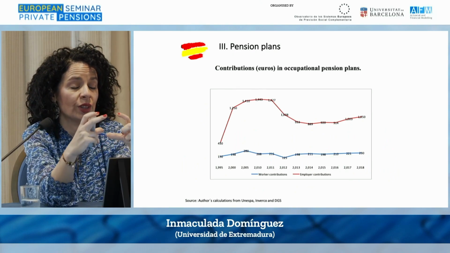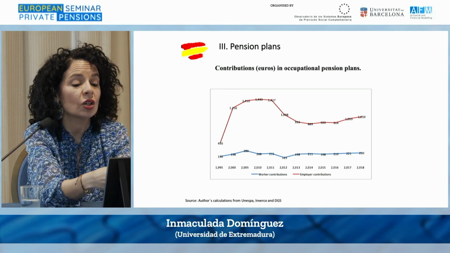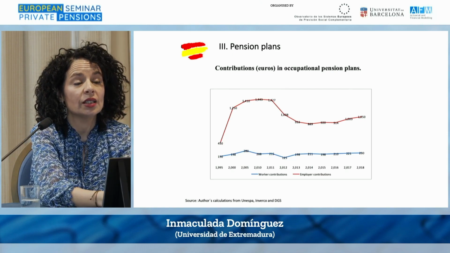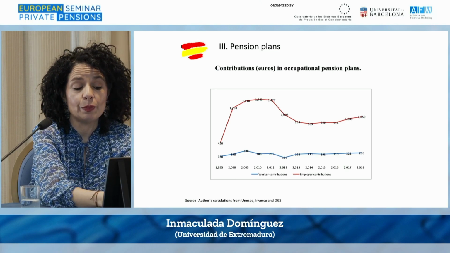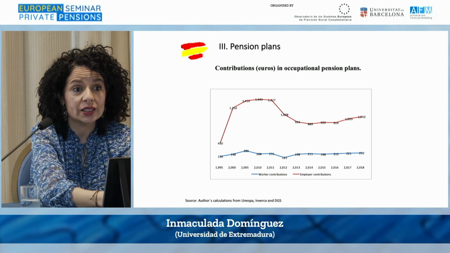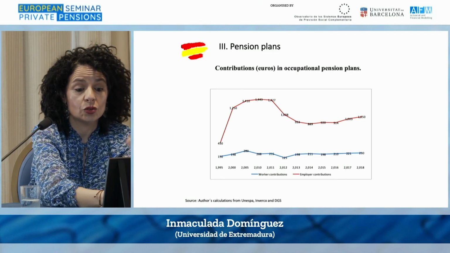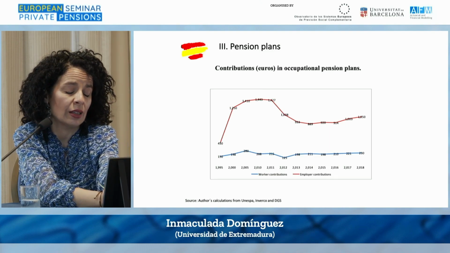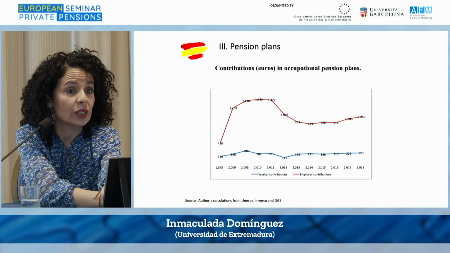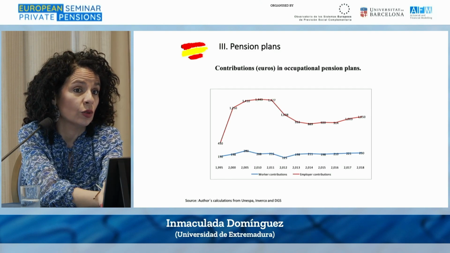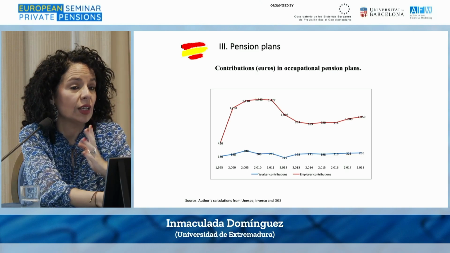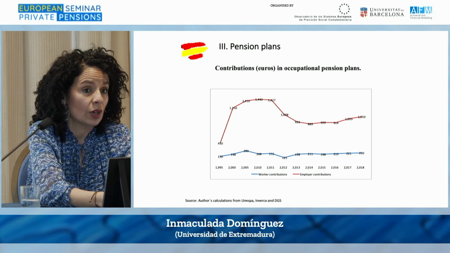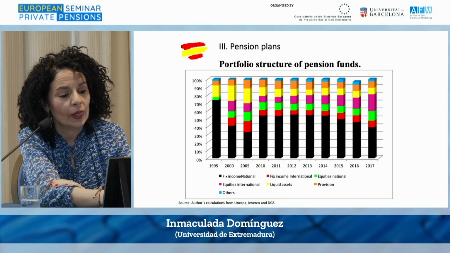In relation with the contribution, you appreciate that the employer is making the effort, and the amount that the worker pays into the system is less. You can see those close to 1,000 euros for the employer, and the worker is really ridiculous again. Okay, the first feeling is that the people prefer to do it individually.